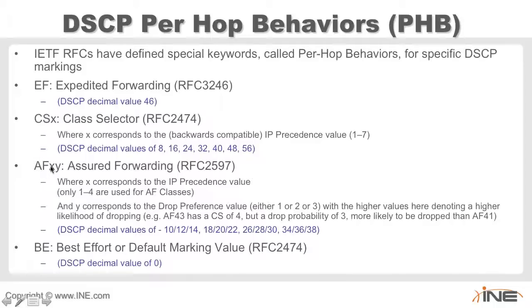Now this uses the X to be the same as the IP precedence value, so the same class selectors. However, we only use 1 through 4. With the CS, we can use 1 through 7, and this is just based on the RFC. Doesn't mean that we couldn't physically use them, but this is based on the RFC. So we never talk about assured forwarding 5.